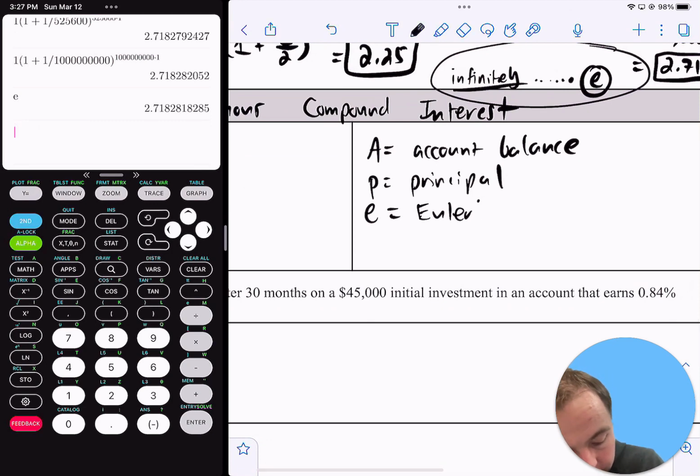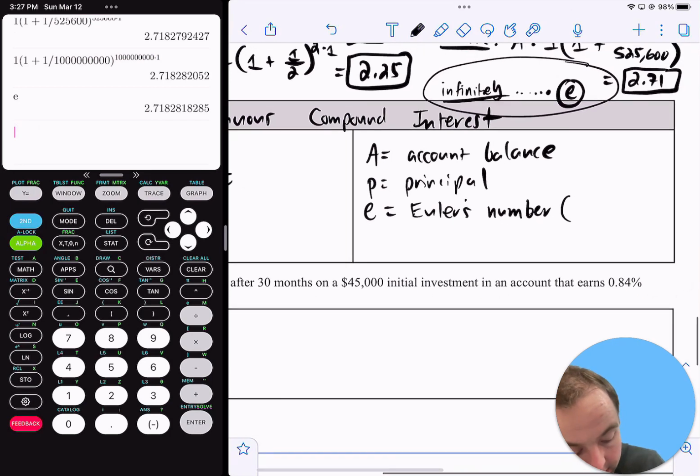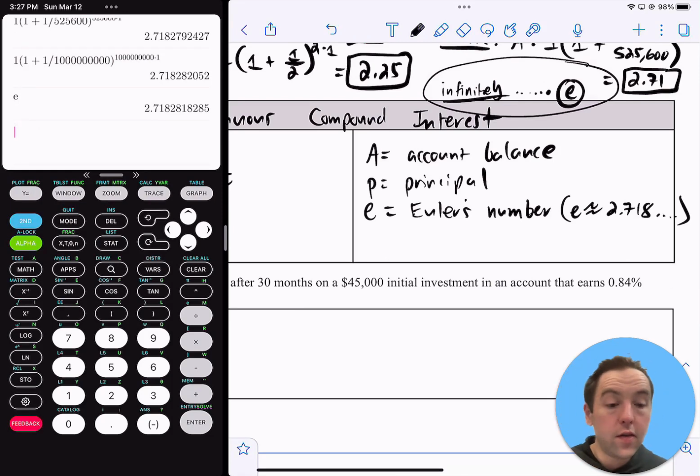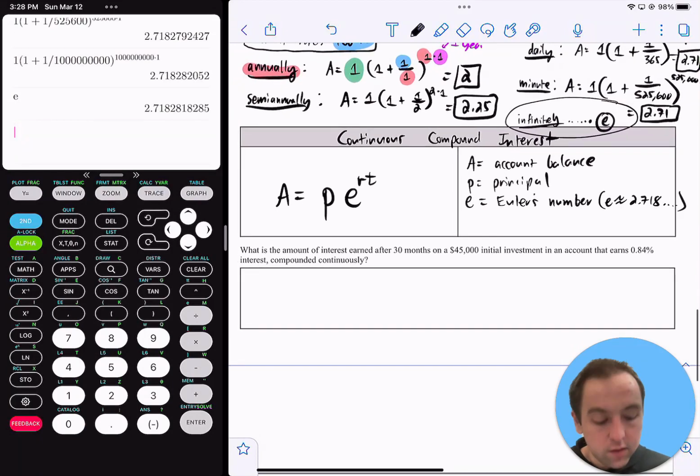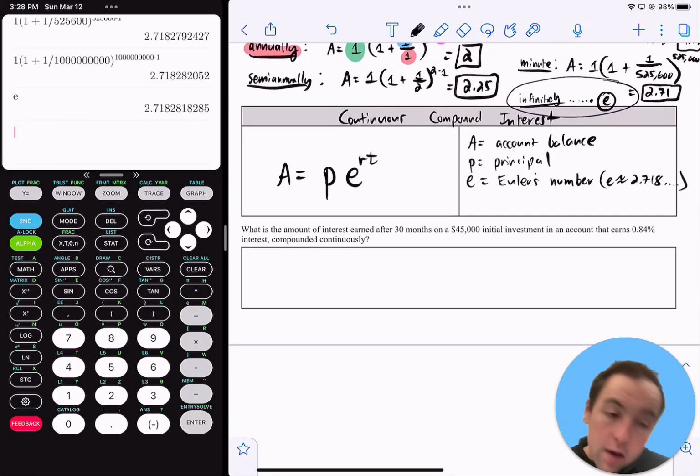What you should know about Euler's number is that E is approximately 2.718 and goes on from there. You should at least know that, but when you're doing your computations, it's just a button you can find on your calculator. Most calculators are going to have a pi button and an E button. If not, then you can use 2.718 to approximate E.